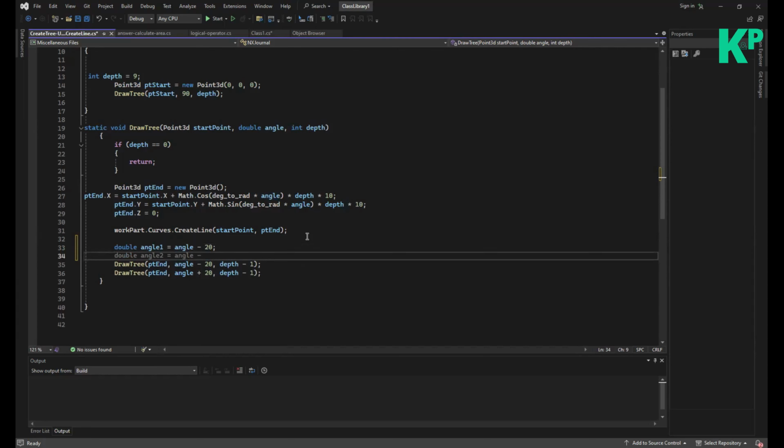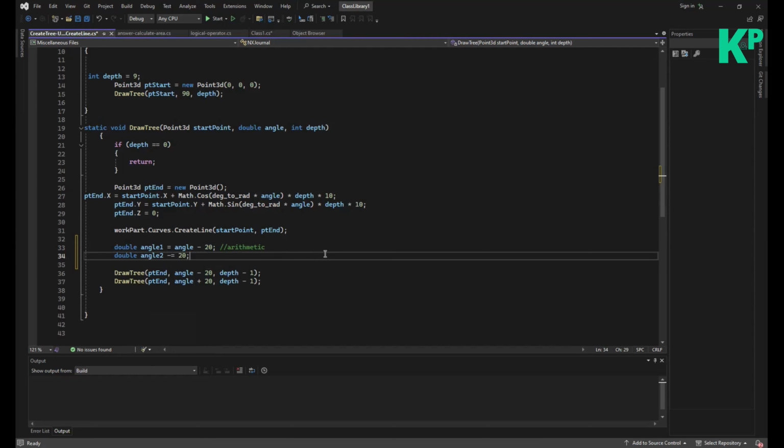If I write it like this, then it obviously is an arithmetic operator. But instead, if I write double angle 2, and here I will not write the formula like I have written for angle 1. I will write minus equals to 20.